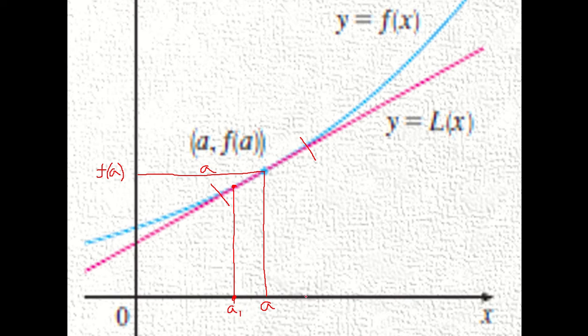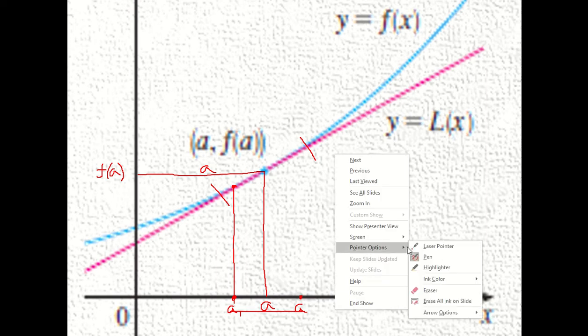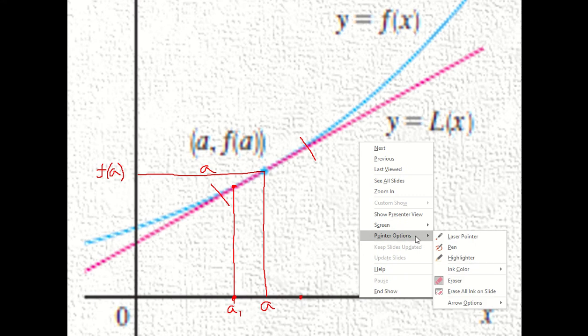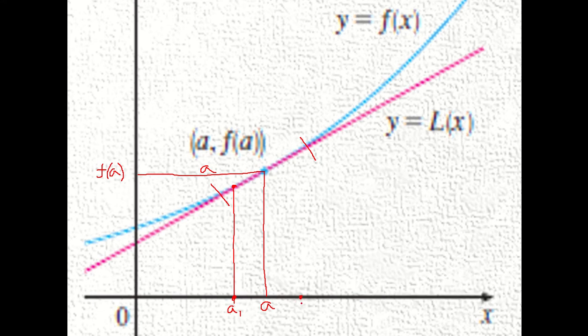Or it can be here. Say this is your a2. If this is your a2 and you're asked to find the value of the function at x equal to a2, what is the value of the function at this point here?